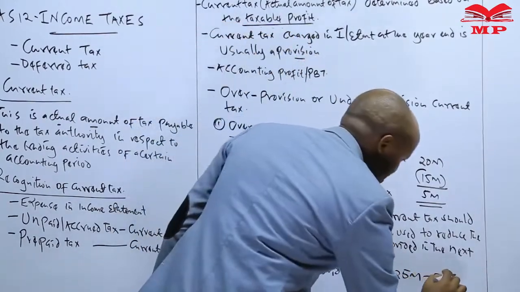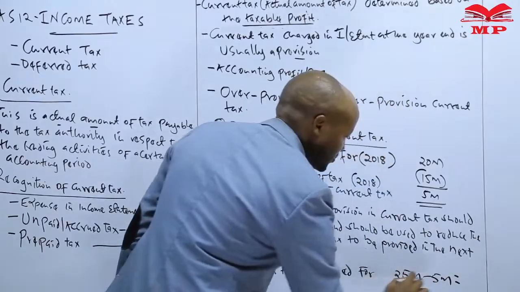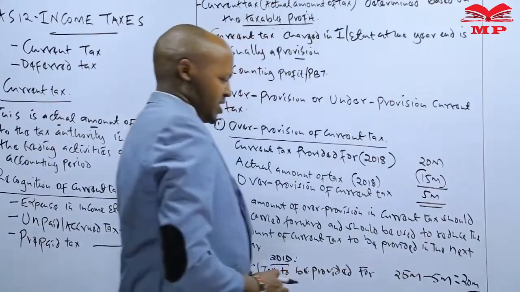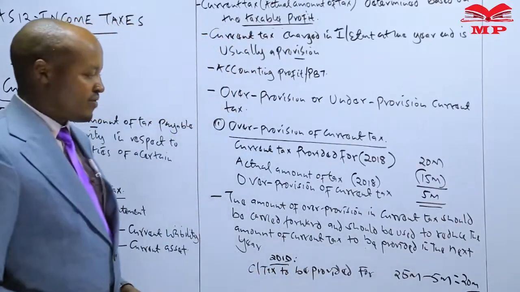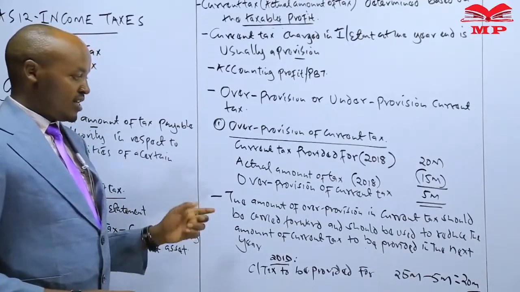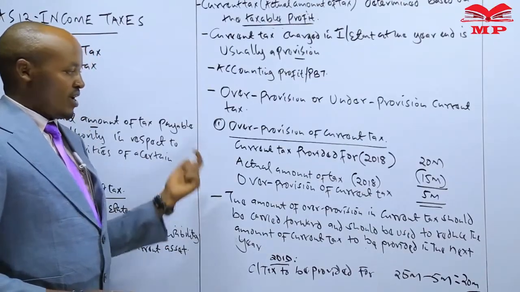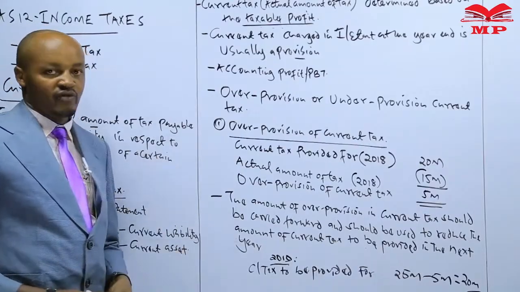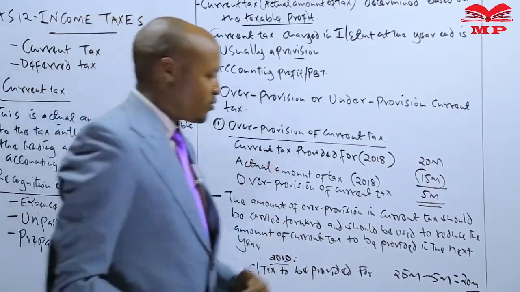So in the year 2019, the amount of current tax to be deducted from the profit before tax will be 20 million. It is very important to know how the over provision of current tax arises, and also how we account for it.